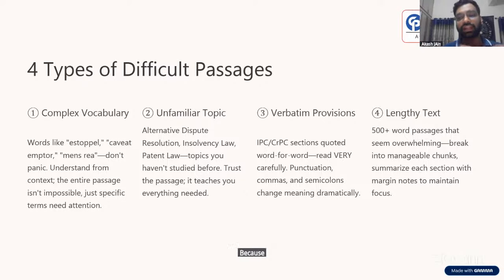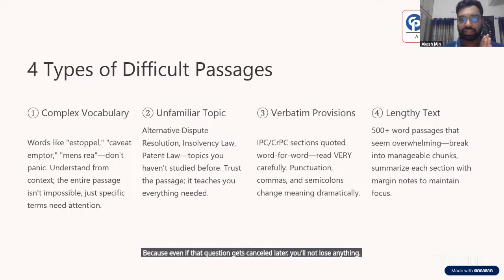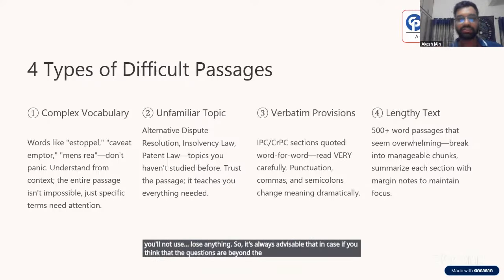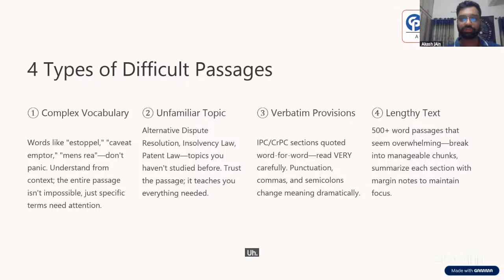Because even if that question gets cancelled later, you'll not lose anything. So in case the questions are beyond the scope of the passage, or the options are incorrect, or the question itself is incorrect, it is always advisable that you attempt those questions.